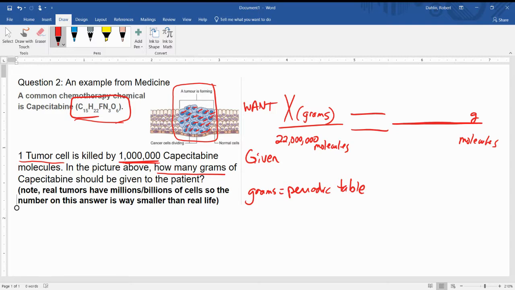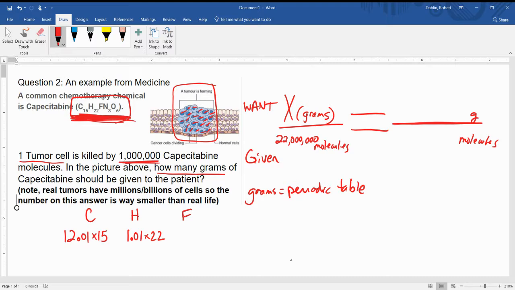We need to go back to the periodic table, look at the chemical formula, and figure out how much it weighs. And this is a big one. So we have carbon, but we have 15 of those. Carbon is 12.01, but I have 15, so I have to multiply that by 15. Hydrogen on the periodic table is 1.01, but there are 22 of those, so multiply that by 22.